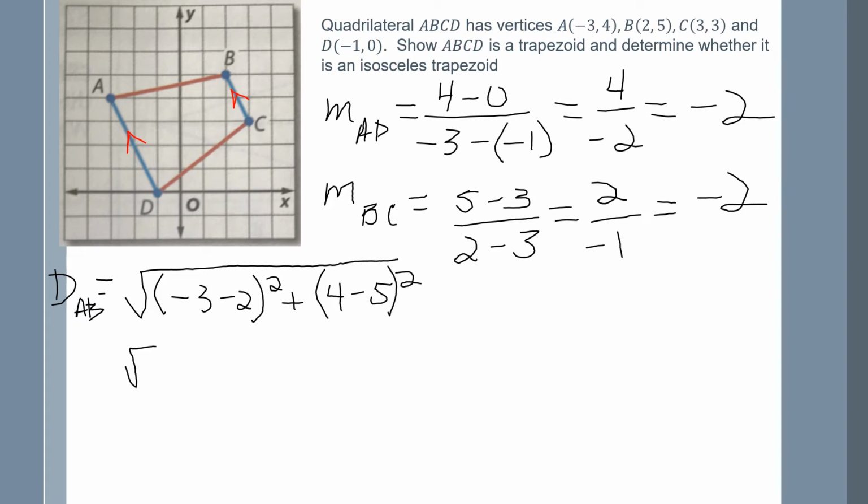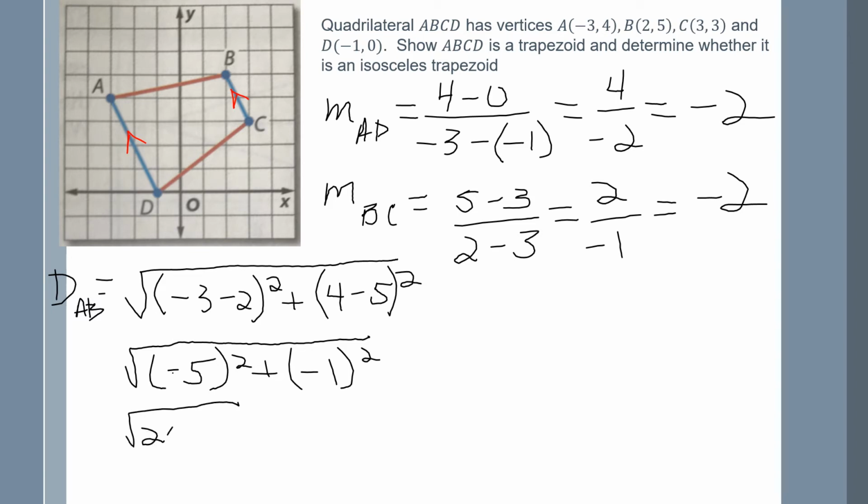So this is equal to the square root of negative 5 squared plus negative 1 squared, which is 25 plus 1, the square root of 26. We don't have to do anything further. We can leave it in radical form, because all we're doing is seeing if they come out equal.